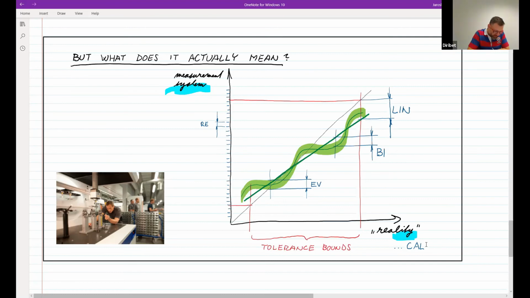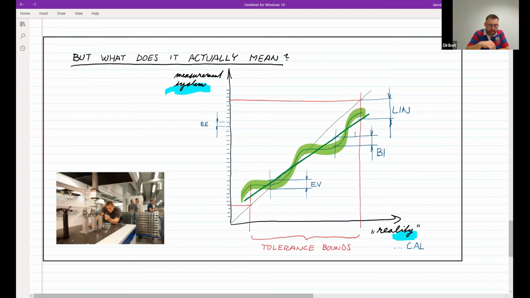Then the second question is how this gets treated. And as I've said, there are three. The linearity is anything that can be straightened, that can be compensated by a line. That's represented by this thick green line in the center. You can eliminate that error by putting this line on the black one.